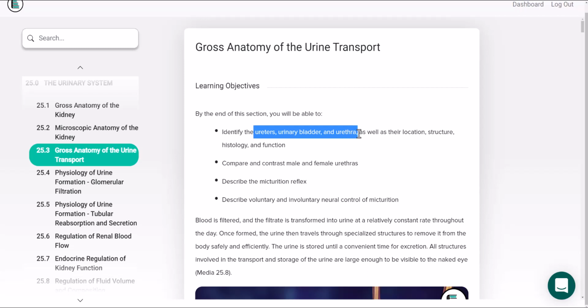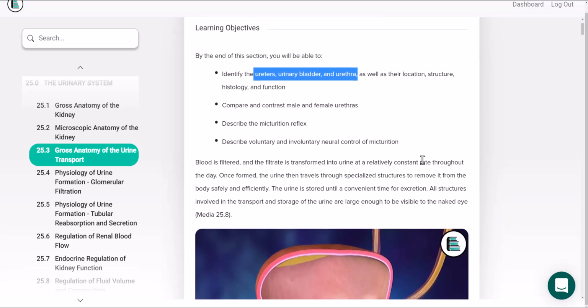So let's take a look at that, as well as compare and contrast male and female urethras, and take a quick look at the micturition reflex, that is the fancy name for the urination reflex, and talk about how there's both voluntary and involuntary neural control of micturition.